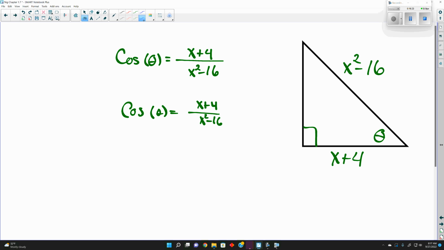Well, to get the angle out of here, we can take cosine inverse of both sides, because cosine inverse of cosine of theta is theta.